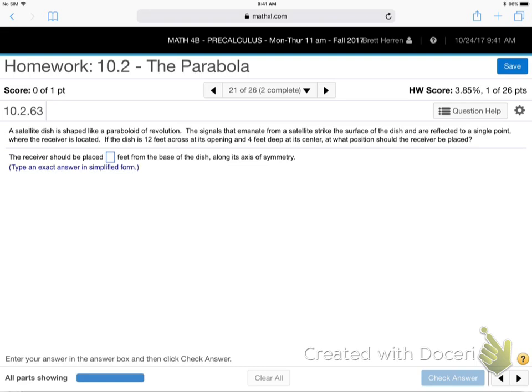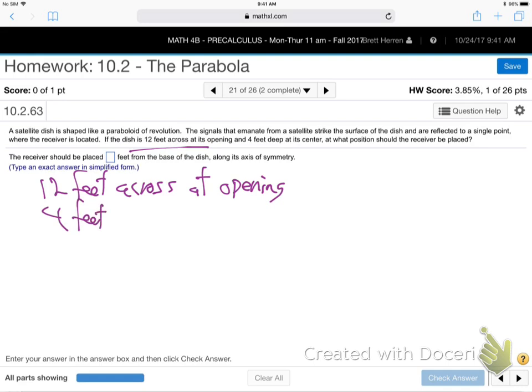If the dish is 12 feet across at its opening, and 4 feet deep at the center.